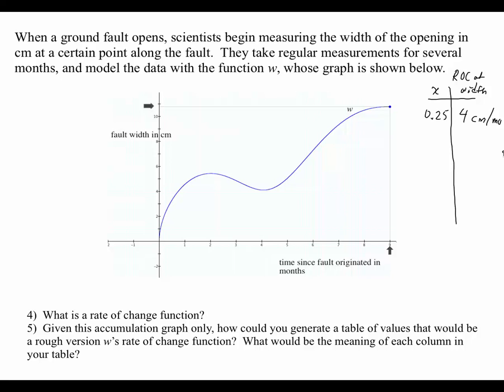I noticed that for 1/8 of a month, the fault width increased about half a centimeter. That's 0.5 centimeters in 0.125 months, which is change in y over change in x, as some people were saying.